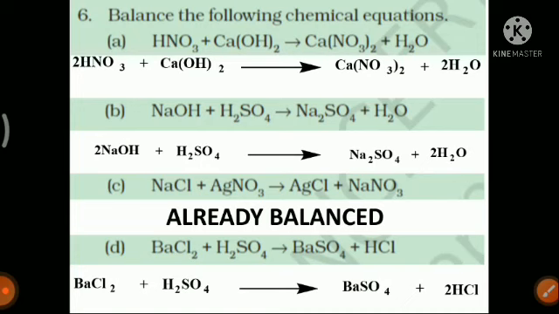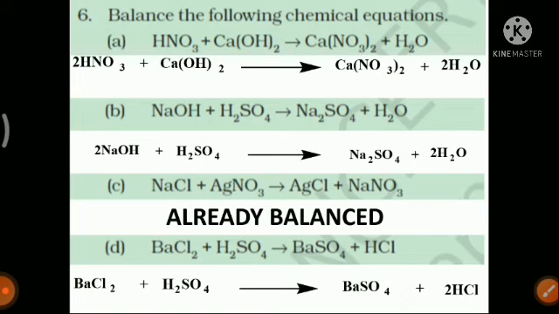Okay, so if you look at the reactant side, the number of hydrogen is 3, 1 from nitric acid and 2 from calcium hydroxide, and the number of hydrogen on the product side is 2. Okay, only 2 hydrogen from water. So to balance this, you have to make the number of hydrogen on the reactant and product side equal. Okay, and how will you do it?